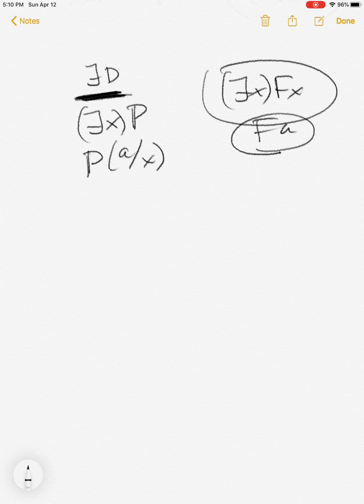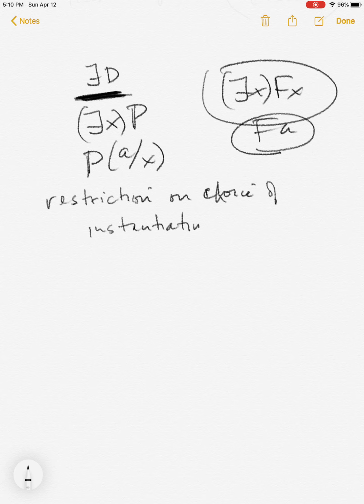There is a restriction on your choice of instantiating constant. What I mean is this is an instance. We're writing down an instance of it. This is an instantiation of that.